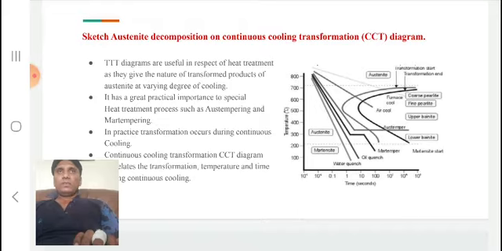And in this video we will be discussing the decomposition of austenite and continuous cooling transformation.